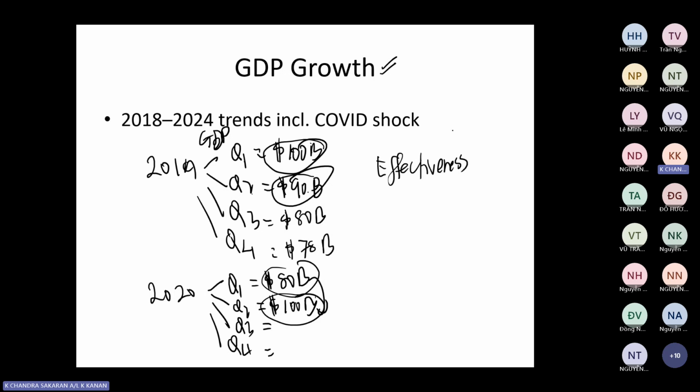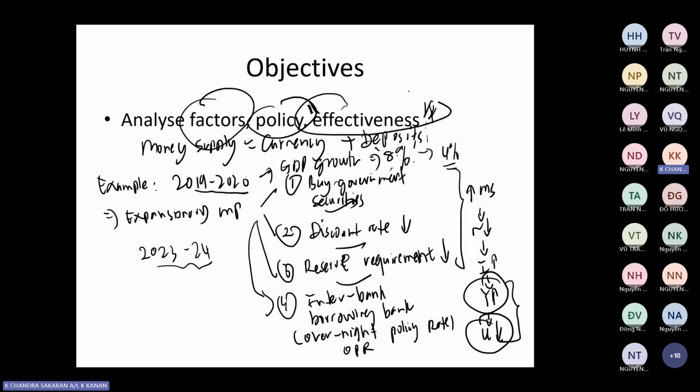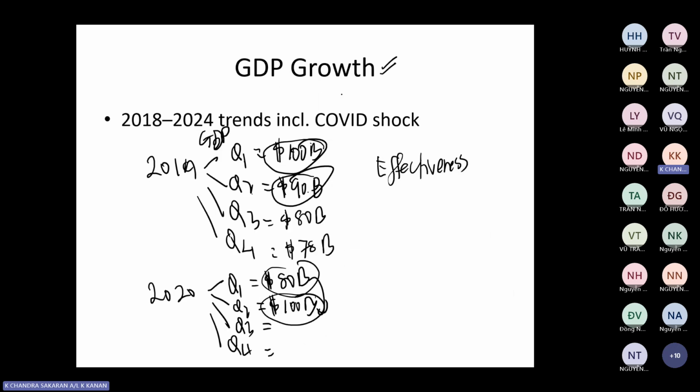These are the data required for you to talk about the effectiveness of the policy. I told you earlier, on effectiveness, it's very important to look at the actual data. Let's say the third quarter continues to go up to 115 billion. That means 2020 is a good year already. Overall the economy has been improving.